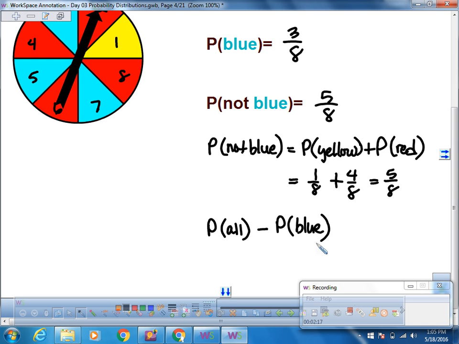All of them, and subtract the blue. So what's all of them? The probability of not blue is the probability of all of them minus the blue. What's all? 8/8 minus 3/8.